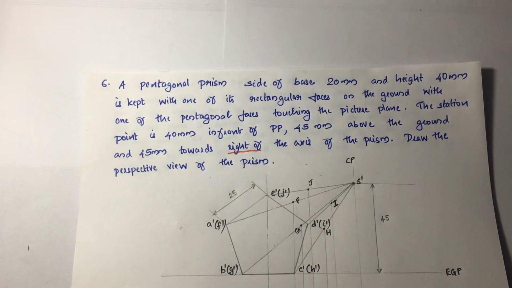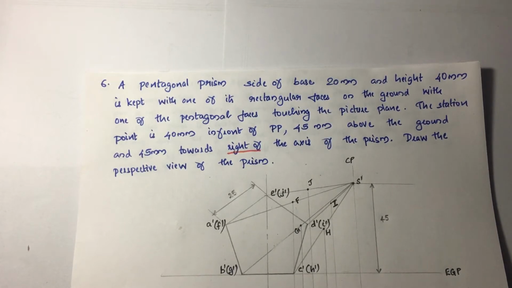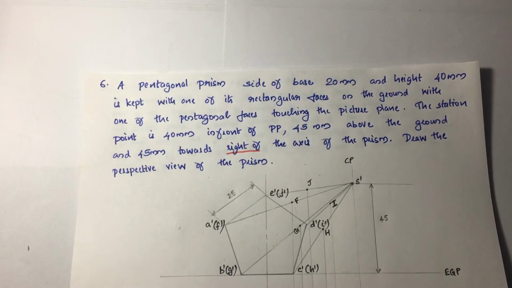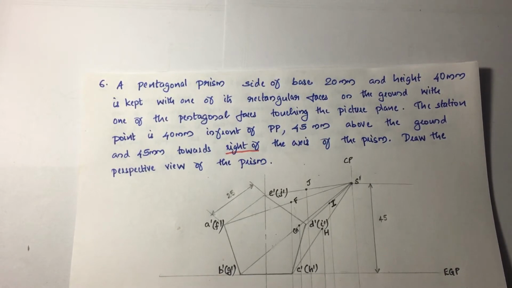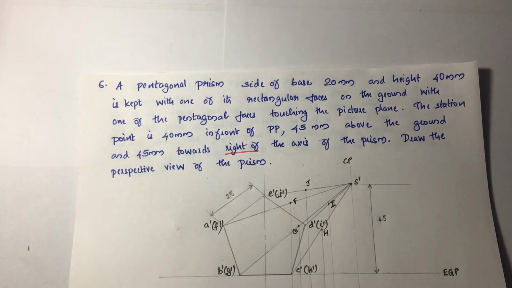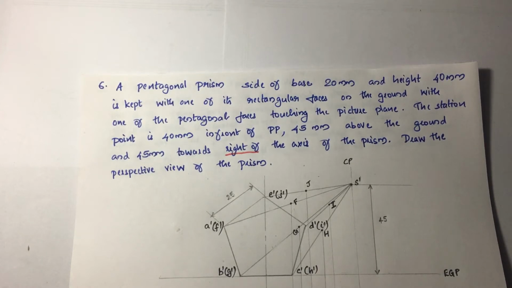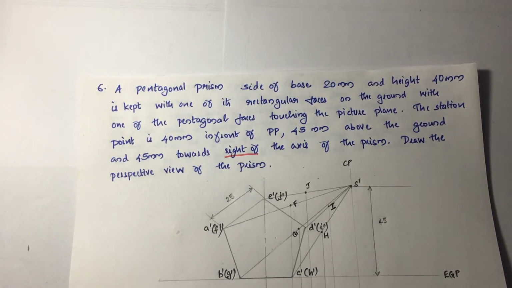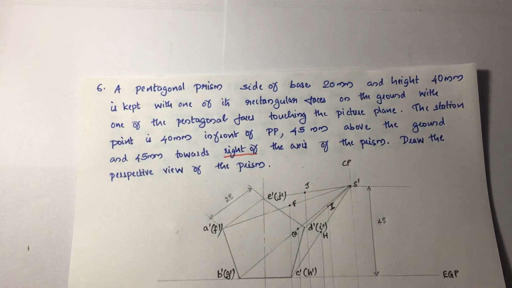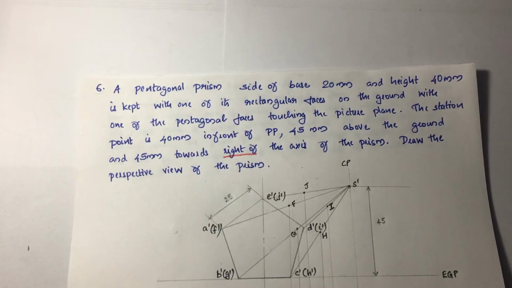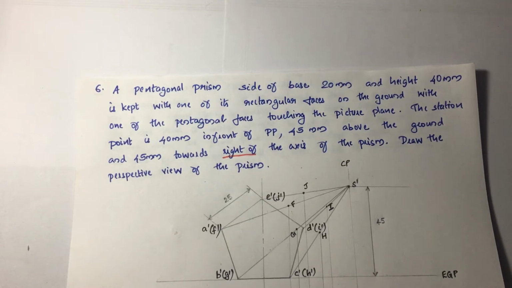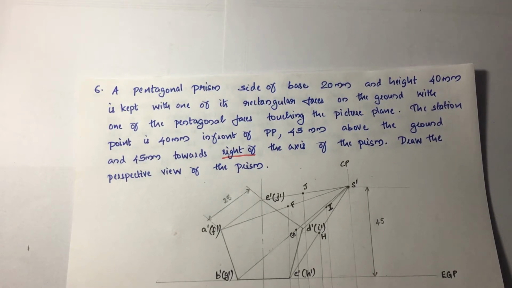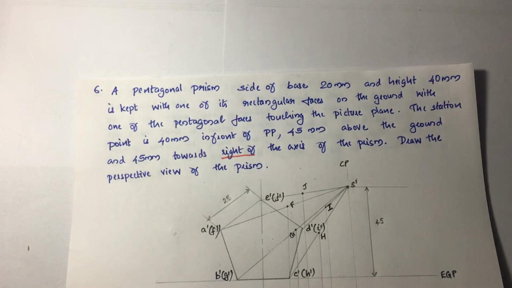So for drawing the pentagon, you have to draw the front view first, and the front view is to be drawn in the EGP line. So instead of drawing the PPP line for this particular question, because of the position of resting of the pentagonal prism, you need to draw the EGP line first, and then draw the pentagon with the dimensions given in the question.